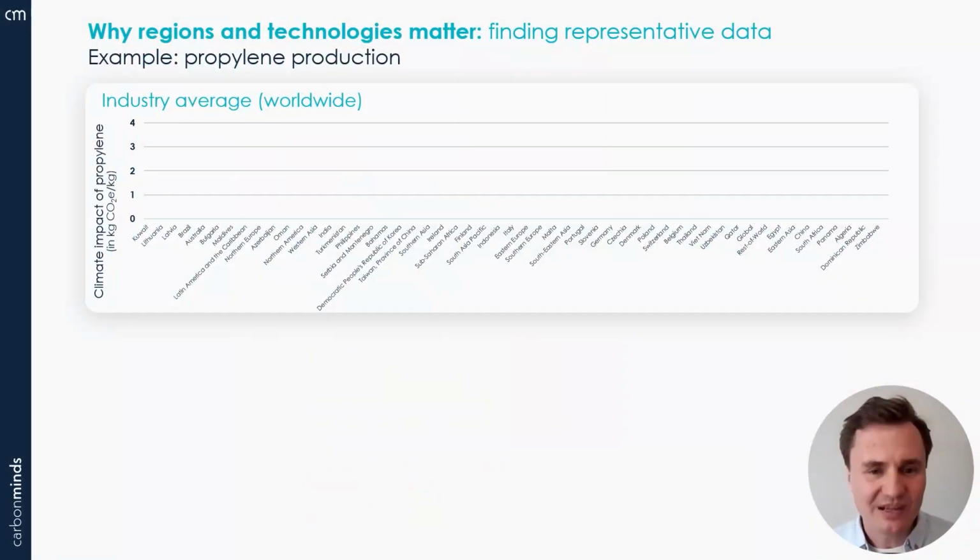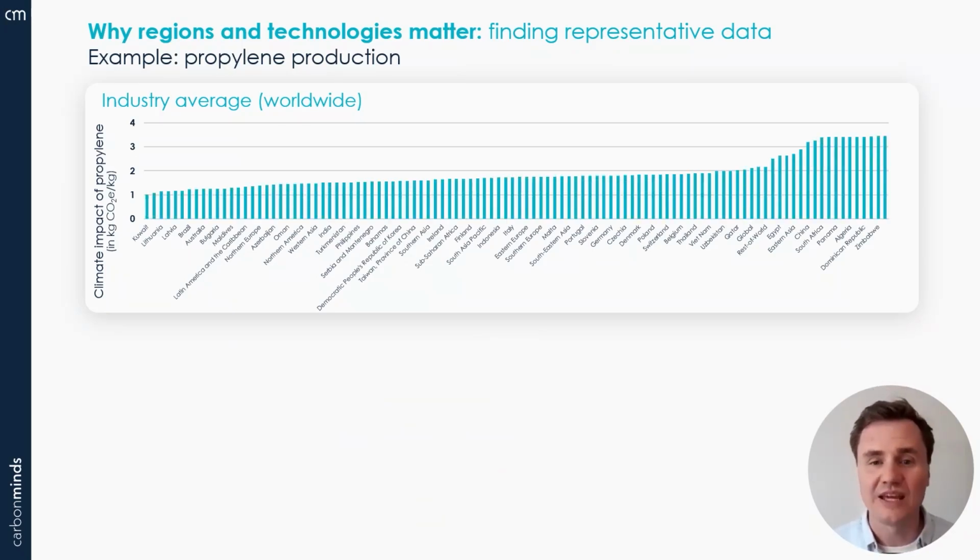If we now look into our database, what will you find? I brought a small example, the example of propylene production. First of all, you find values for the average consumption and also the average production for every product for all production regions in the world. And this really matters because, for example, in this view for polypropylene, if you compare the country average values with the global average, you can see there's easily a factor of 2 between them.